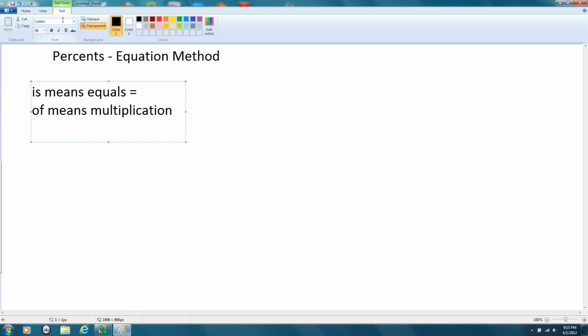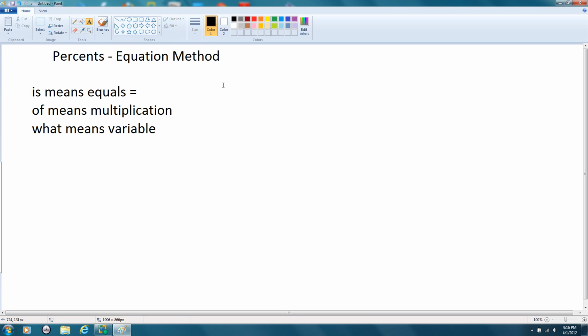And we know that if it asks what or something like that, that means a variable. Okay, so with basically those simple things, we can translate things into an equation and go ahead and solve it. So I'm going to go through some of the ones that we did with the percent proportion, but now do it with the equation method.